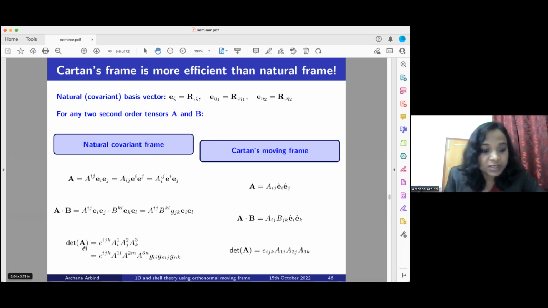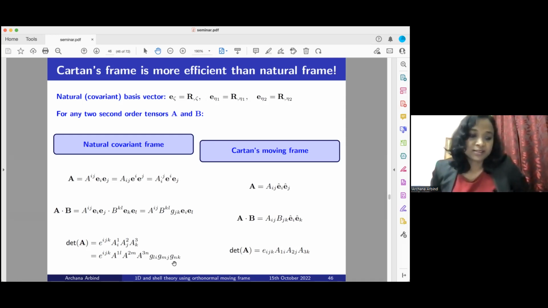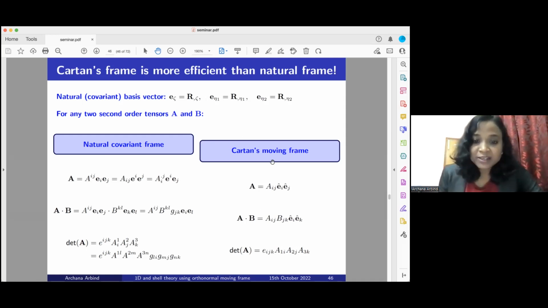Here the determinant becomes even more complicated, and we know that in all the models of hyperelasticity, determinants play a very important role. But in Cartan's moving frame, all this representation is very similar to what we do in the rectangular Cartesian coordinate system.